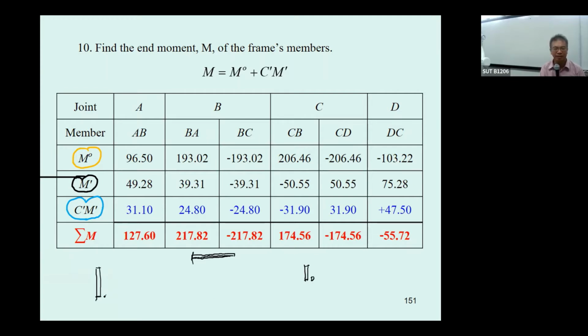Okay, this is going to be A, B, B, C, C, D, and now let's say this one will be put in this direction, that is 127.60, and then this one must be in this way, going to be 217.82, and then this one is going to be negative.